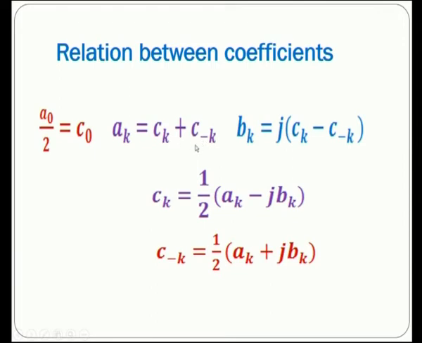These two are the complex representation. Bk is the imaginary part of that value, that is j of Ck minus C minus k, the conjugate of the complex signal. Suppose you want to find the complex signal or complex conjugate signal in terms of the trigonometric coefficients Ak and Bk.